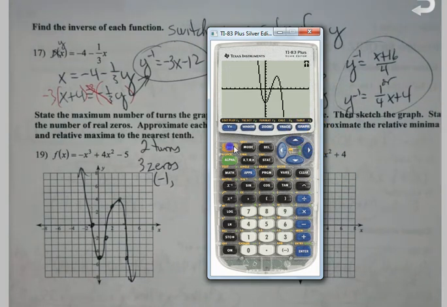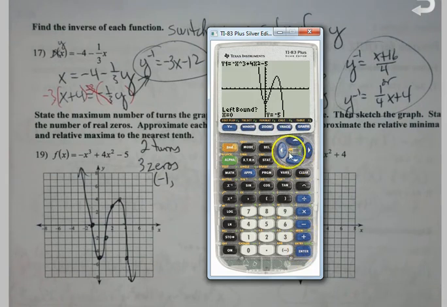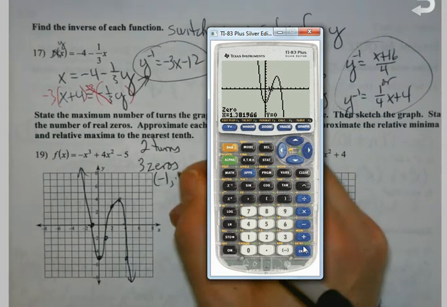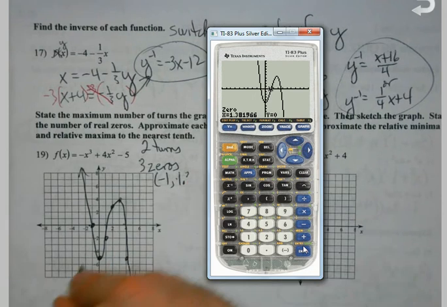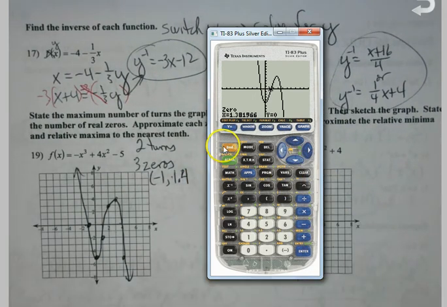I can find them by using the calculate function on my calculator, second trace, and looking for the zeros that way, where I trap them below and above my x-axis, up to the nearest tenth, so 1.4.